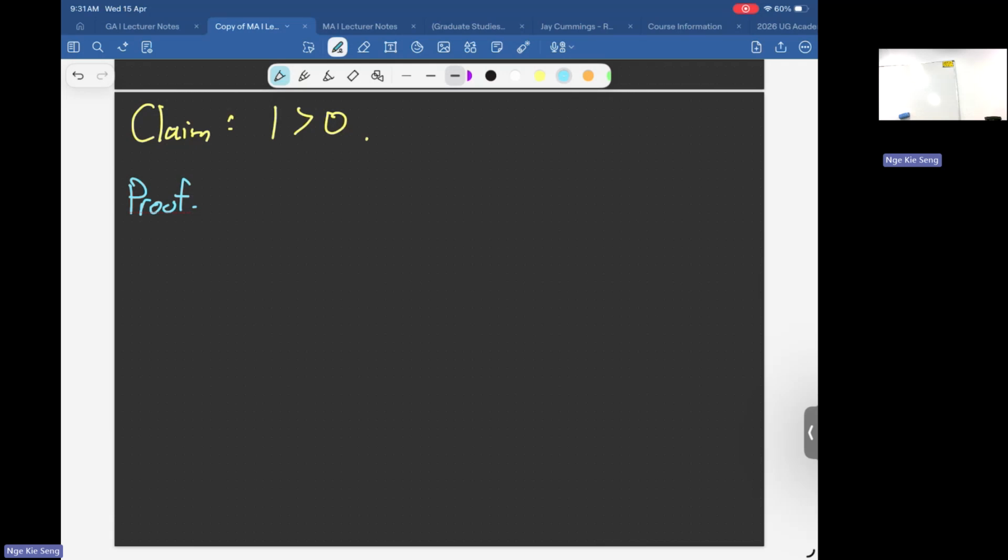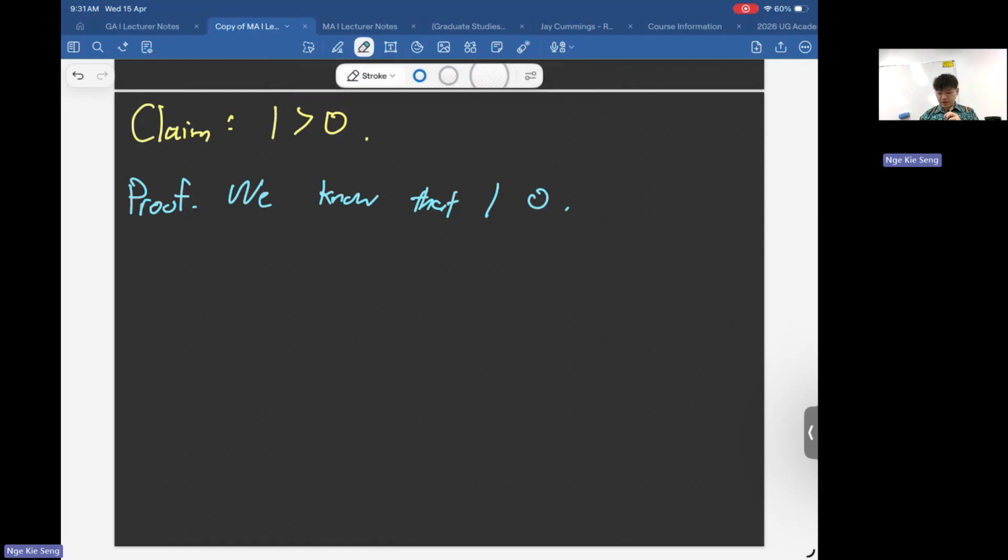Either equal, greater, or less than. But we already know that 1 is not equal to 0, because last time we said that if they are the same, then our field is just 0, a boring field. We want to make sure 1 is not equal to 0; these two identities shouldn't be the same. So we are only left with two cases: either less than or greater.